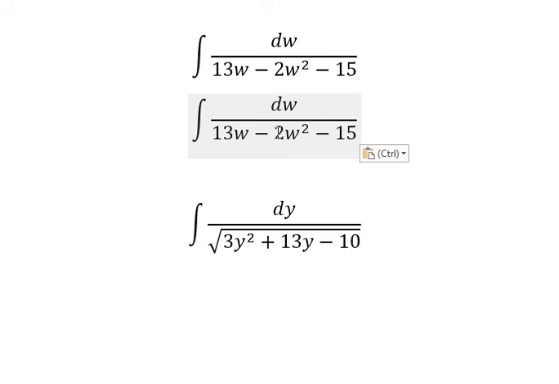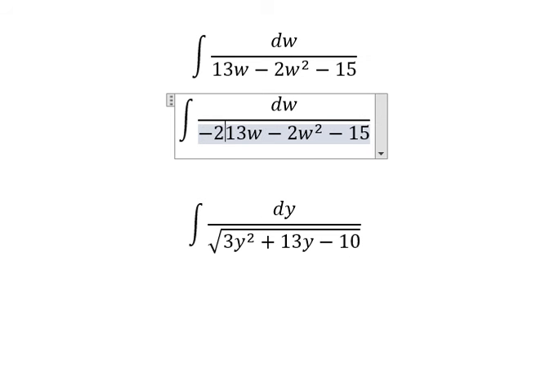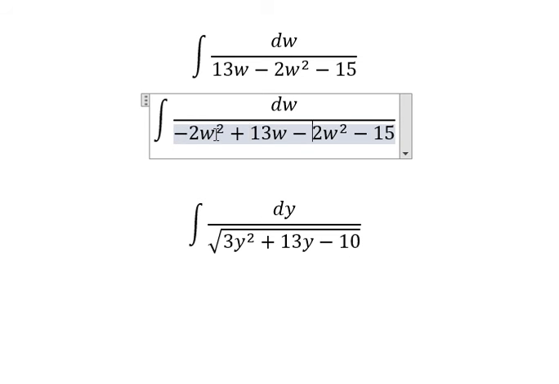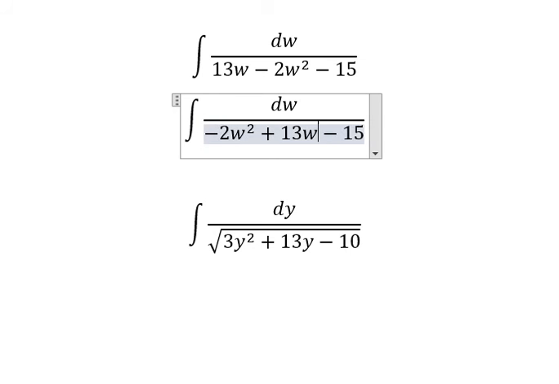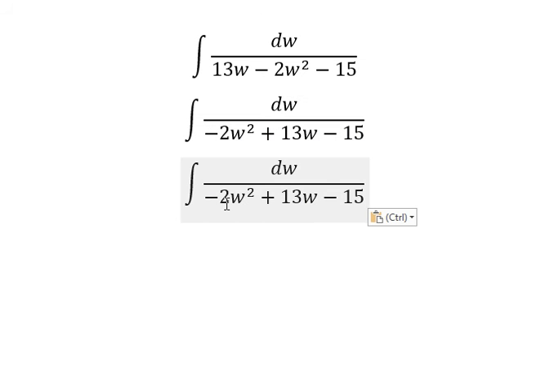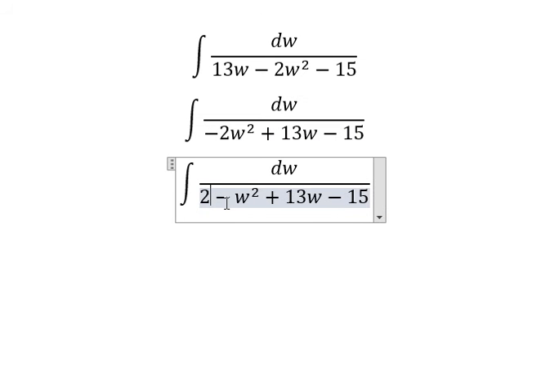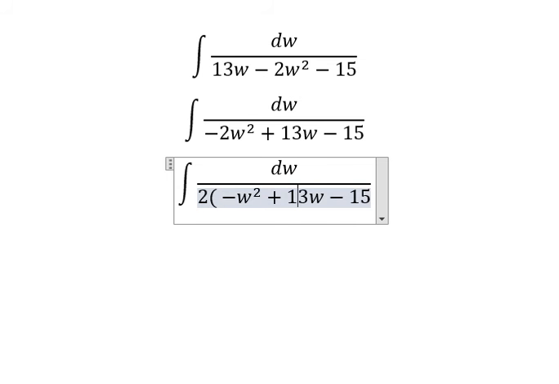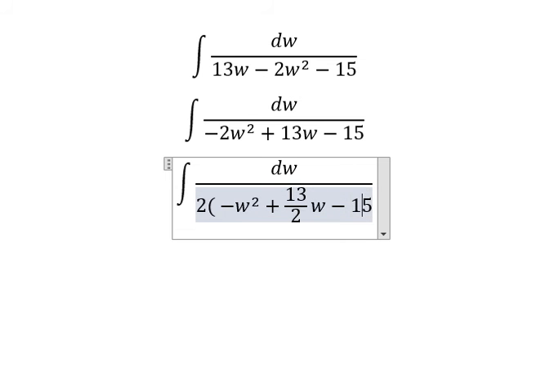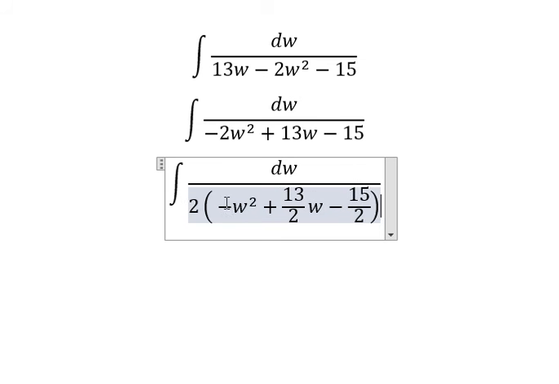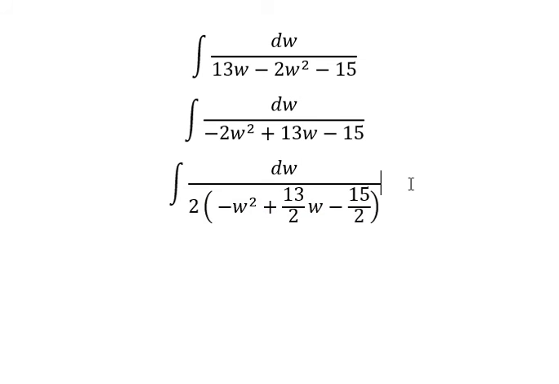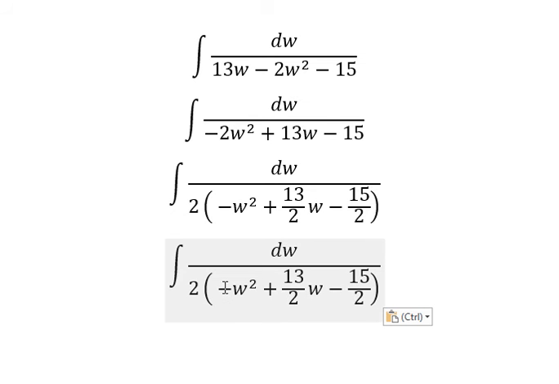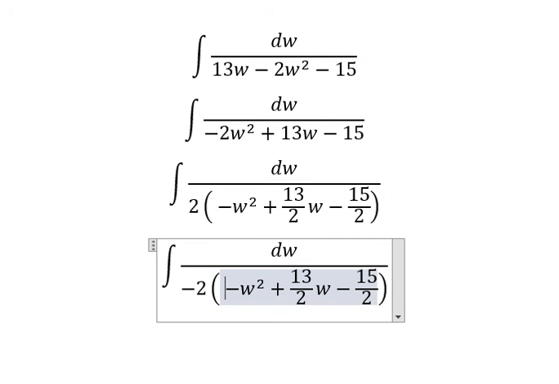I will put negative 2w square to the left. Next, we can do factorization. And I will put negative outside, so you get negative number 2.